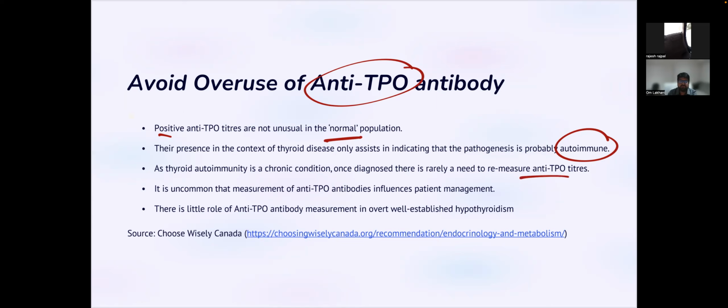So that also is not something which is well established, and overall anti-TPO does not impact the patient management too much, right? So in the interest of saving cost, perhaps anti-TPO antibody need not be done. I think it's overrated in terms of its use, and especially in overt well-established hypothyroidism, anti-TPO has little role, right?